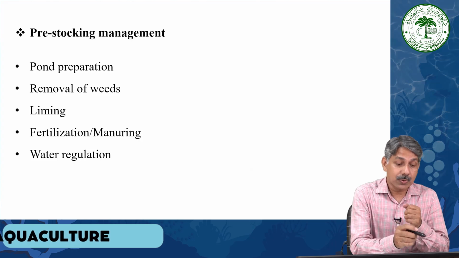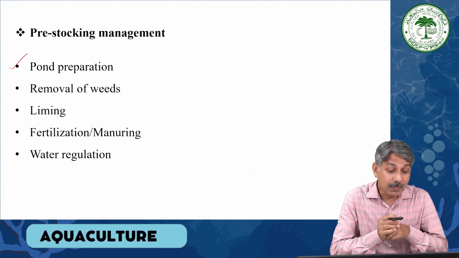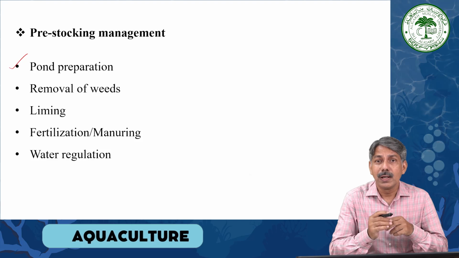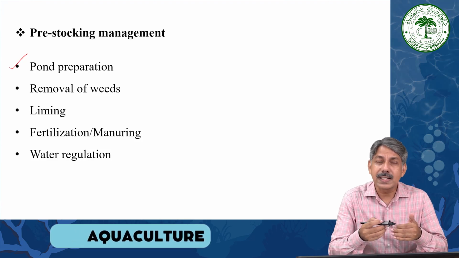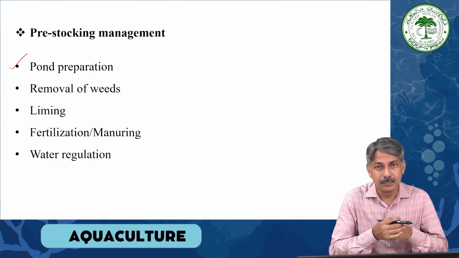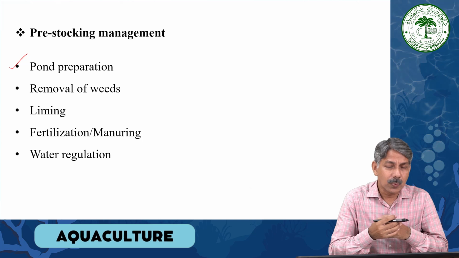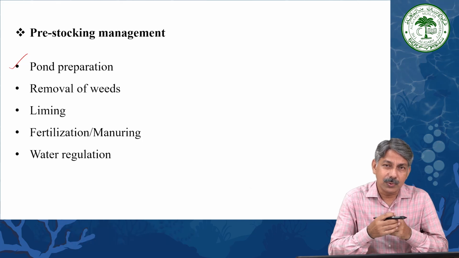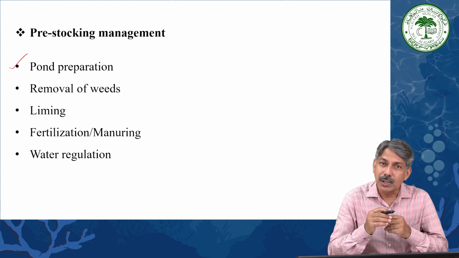So what do we have to do? We have to prepare the pond. Pond preparation, what does that mean? I'm not going to discuss the details of criteria of site selection for pond construction and pond designing. But very briefly, I will tell you that there are certain criteria on the basis of which the pond site is selected.